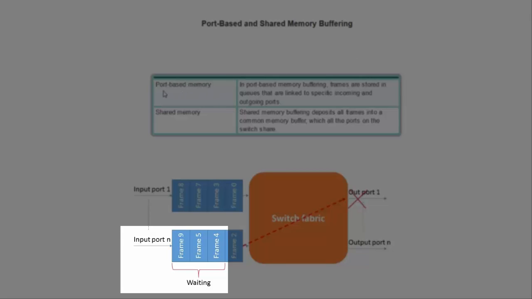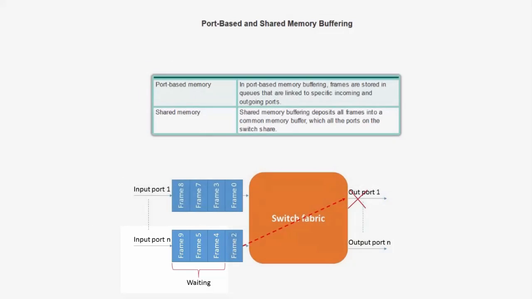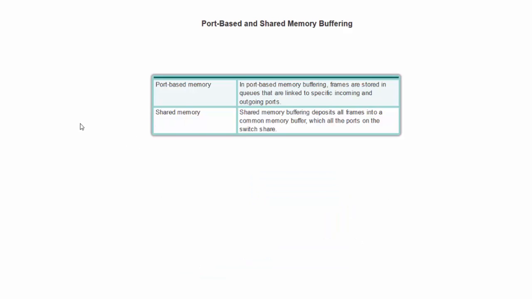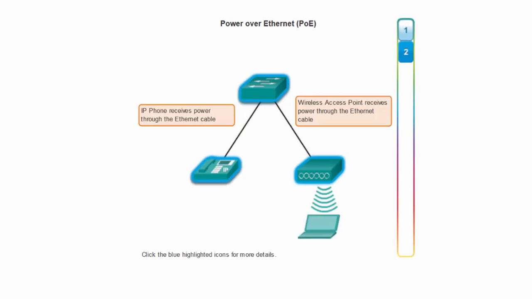So imagine if you have a queue in a bank or something, and the first guy on the queue is taking a long time, that blocks the entire queue. So that's one of the problems that exists in port-based memory. Whereas shared memory does not suffer from that problem because it uses random access memory.